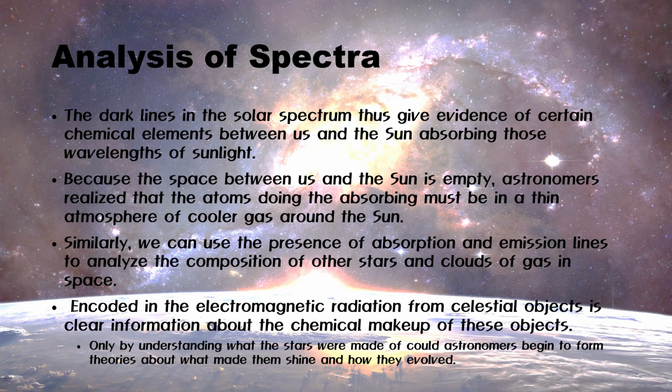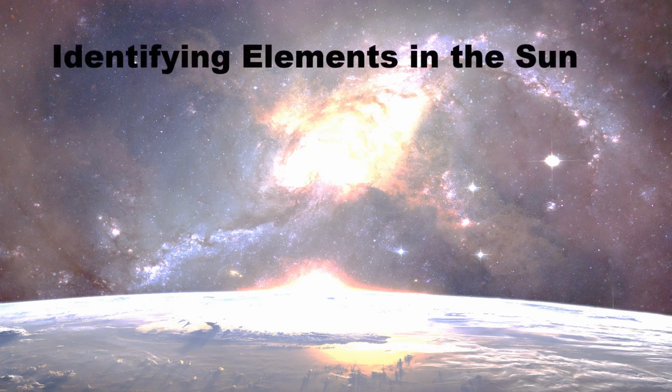So encoded in the electromagnetic radiation that we are receiving from celestial objects is very clear information about the chemical makeup of these objects. And only by understanding what the stars were made of could astronomers begin to form theories about what actually made these stars shine and how they actually evolved and came to be in our celestial sphere. And so that allowed us to, first off, identify elements that were in the sun.